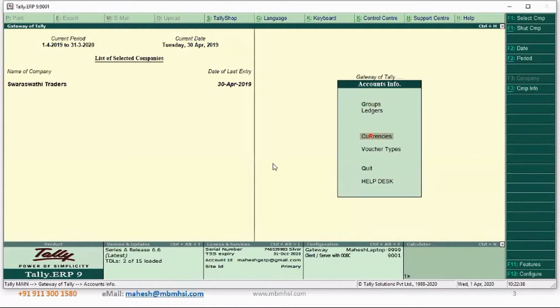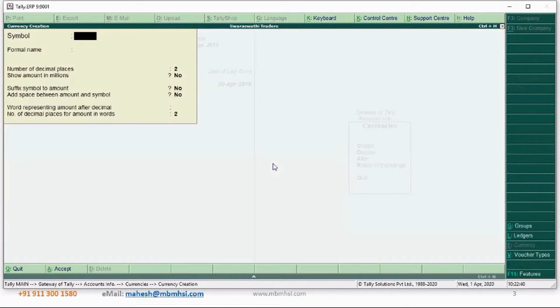Say example, I'll just go and create one more currency. Okay, let me say euro, right? Euro, currency symbol, okay, or euro, let me just take Australian dollars.